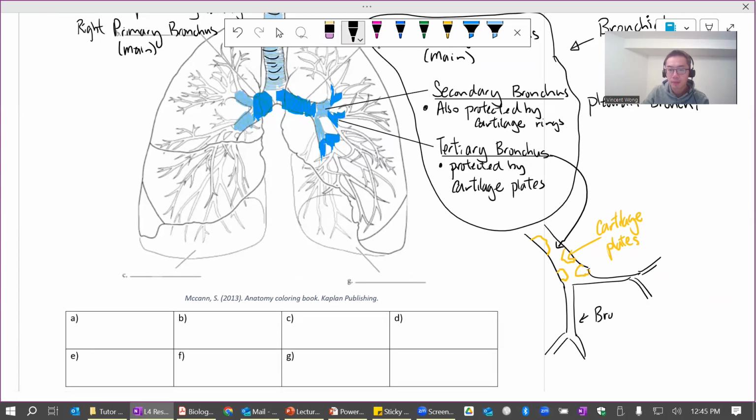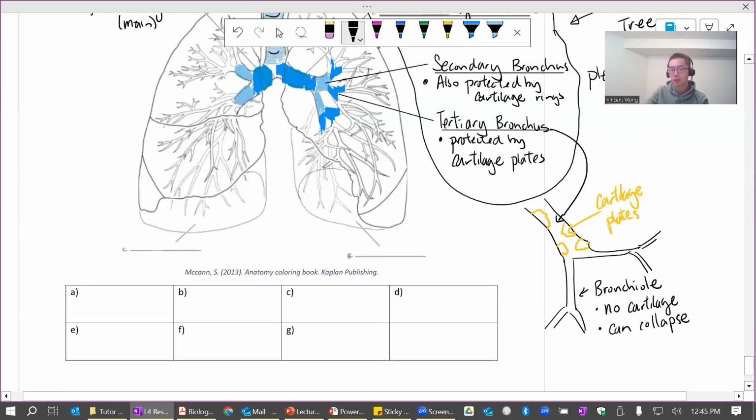They are very small, no cartilage, can collapse, especially during an asthma attack, and they are less than 1 millimeter in diameter. Very small.